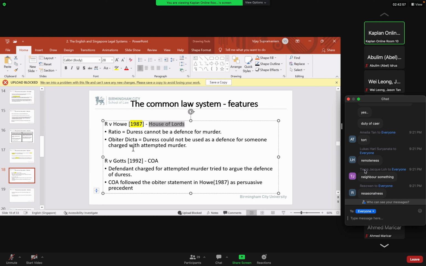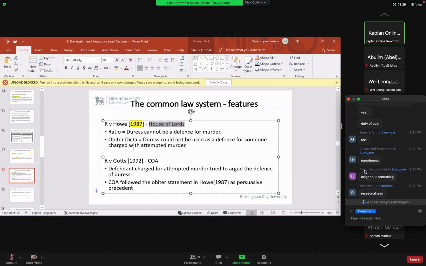Don't you agree with me? If you can show that a highest court's obiter dicta is relevant, future courts can actually apply them. So obiter dicta in some circumstances may have some weightage.